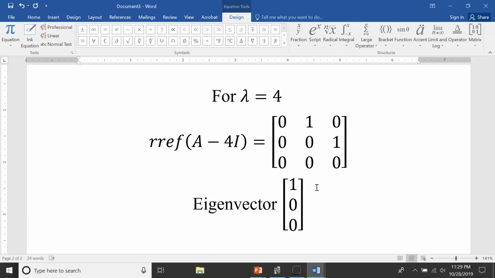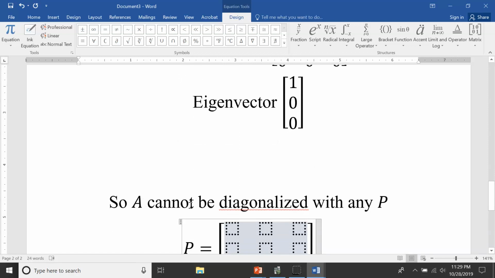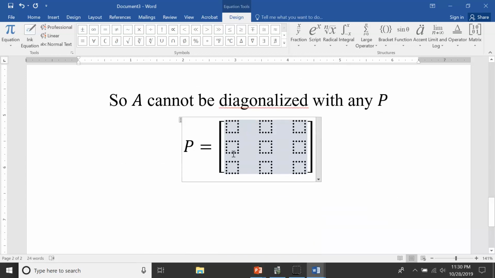So I could only find one eigenvector in the basis for the eigenspace corresponding to lambda equals 4. And what that means is that A cannot be diagonalized no matter what P I choose, because I don't get enough eigenvectors.